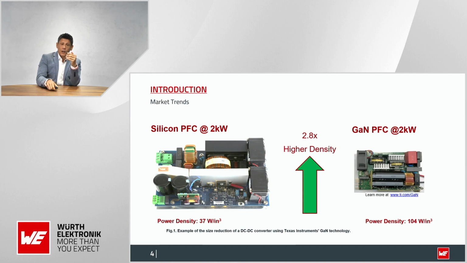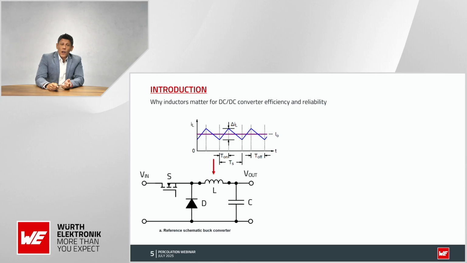So reliability is something we are concerned about. And why? Because, as you know, a DC converter, in this case a bus converter, has a huge amount of voltage at the input and we want to decrease the voltage at the output.